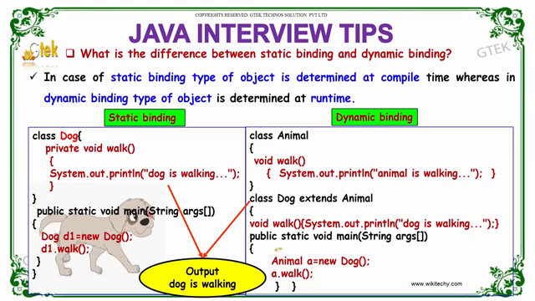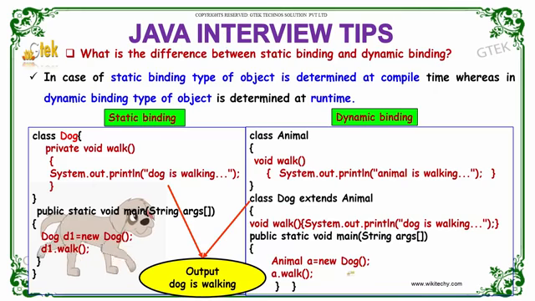When we execute the void main, we are creating an object for the base class and assigning it to derived class initialization.